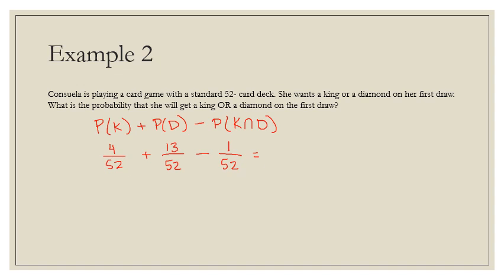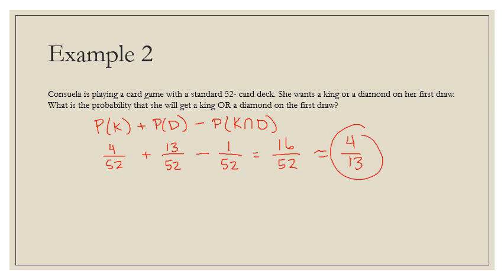Luckily these all have a common denominator, so that makes it pretty easy. So 4 plus 13 minus 1, right? And that is 16 out of 52. And if I just reduce this, I can hit the little fraction button to reduce it. And it is 4/13.